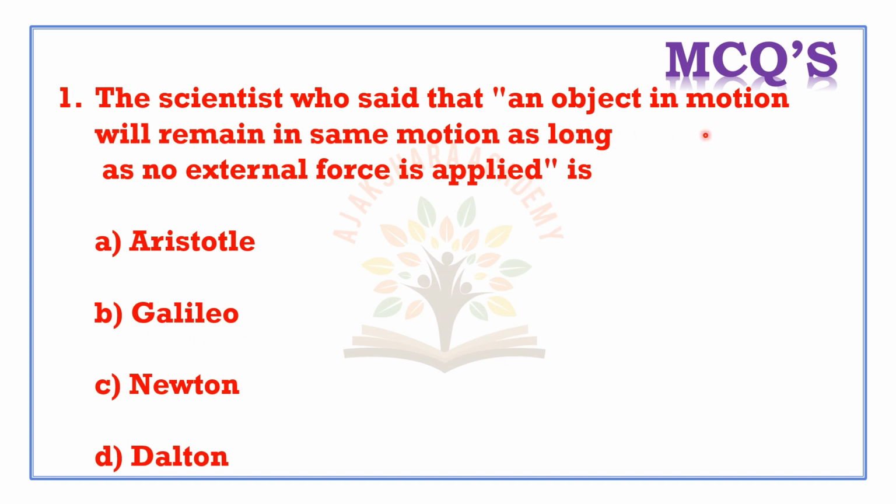If we are applying external force, then the body is in motion. If you are not applying any external force, then the body will remain the same. So the scientist who said this statement is Galileo. So the second option is correct.